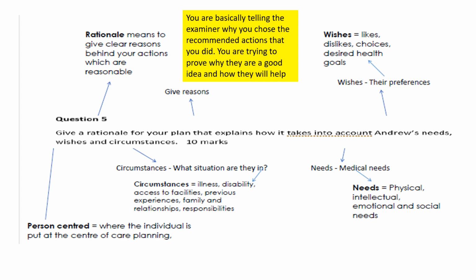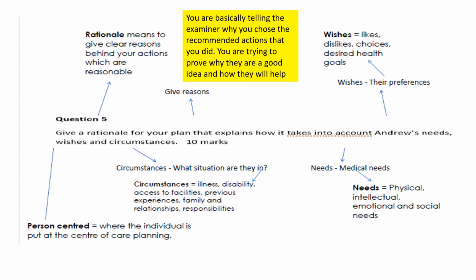So you would have recommended action 1 and why you chose it, and how it takes into account his needs, wishes and circumstances. Recommended action 2, and then exactly the same, and recommended action 3. So you're trying to prove why what you put is a good idea and how it will help.